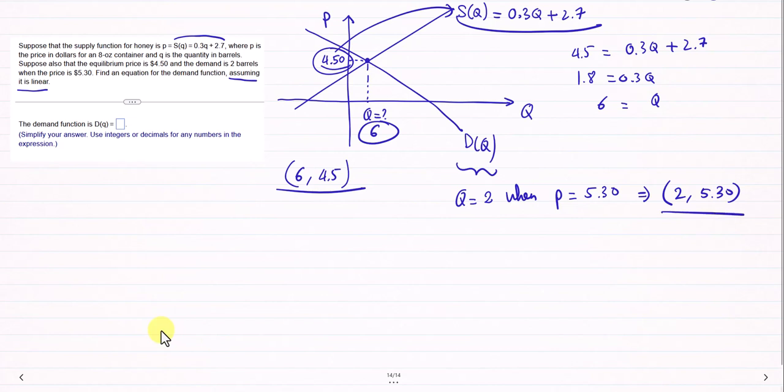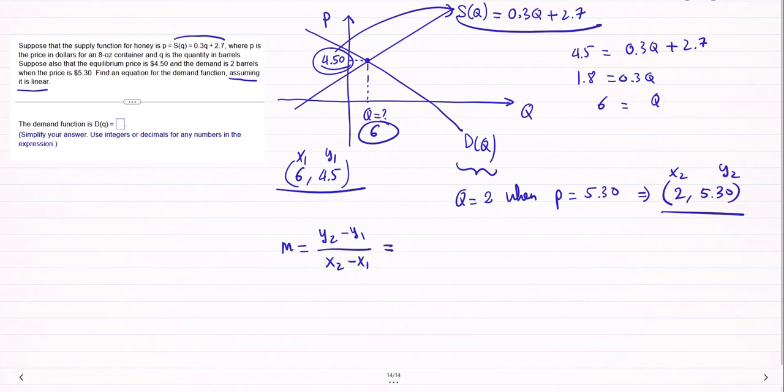And then I'm able to find my demand function. So let's just call this x1, y1, and this x2, y2. I can easily find the slope because this is a linear function: y2 minus y1 over x2 minus x1.